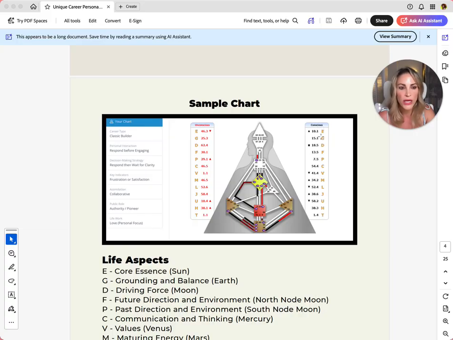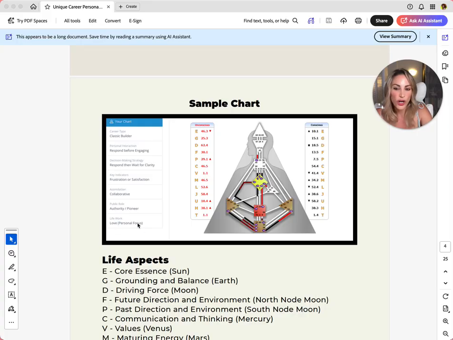So it's 0.1 and then 0.3, and that's what creates your public role. This person is an authority pioneer. The conscious side always comes first, so consciously, this person is an authority figure, and then unconsciously, they're a pioneer. So there's a lot of trial and error.